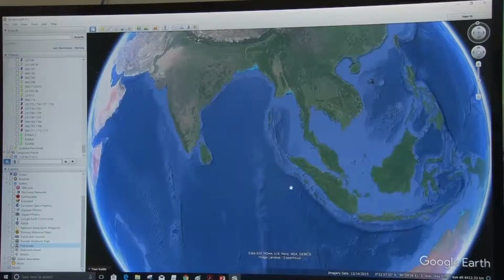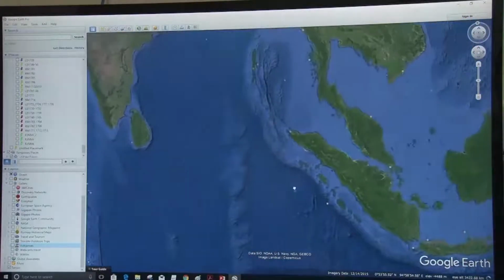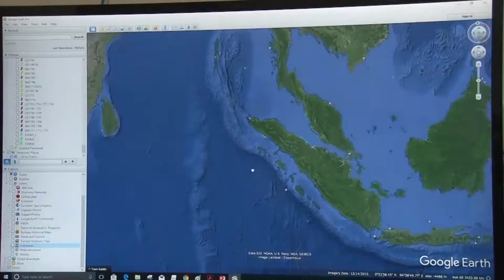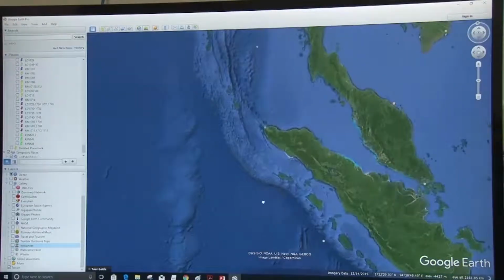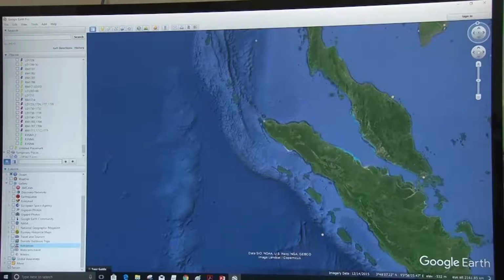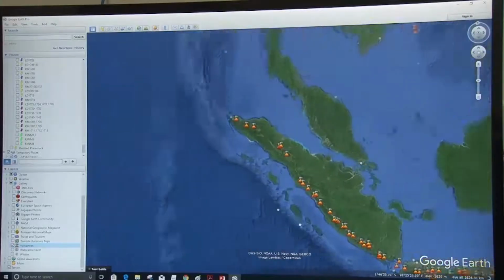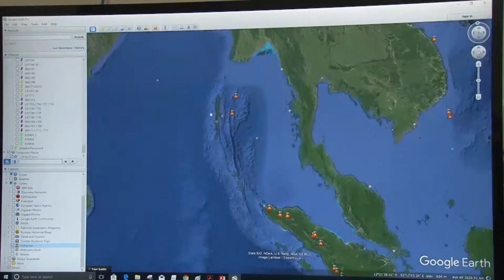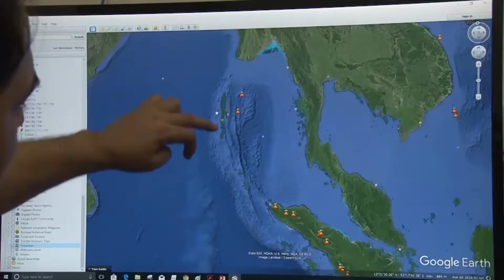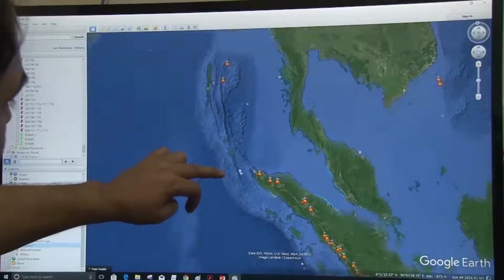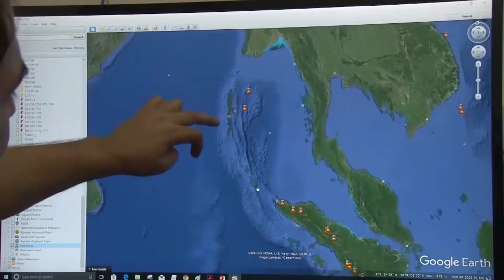Okay, so to show the volcanism here all along this subduction zone, I'll zoom into this part and we'll click on the volcanoes option. So you can see here there is a chain of volcanoes all along the subduction zone. Why it is so, I have explained earlier.